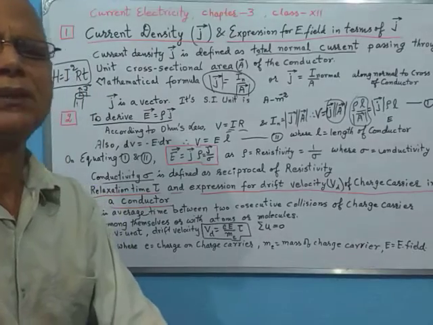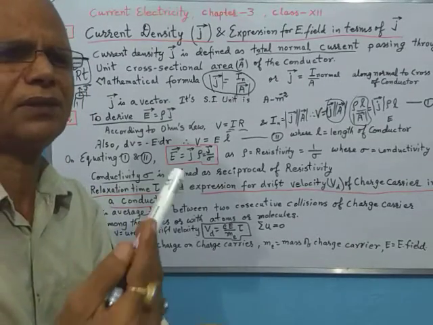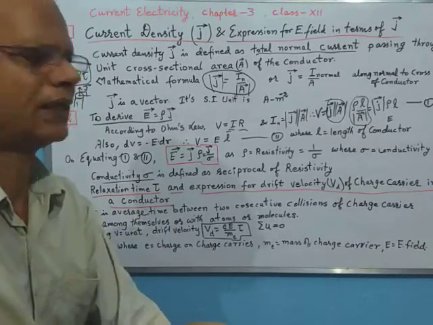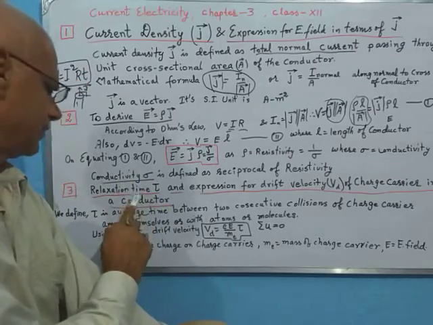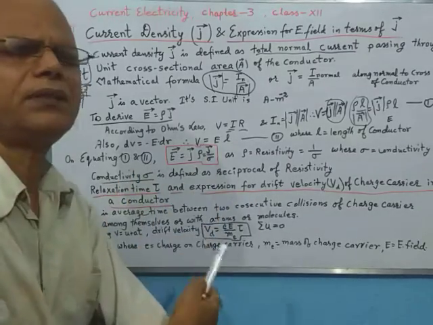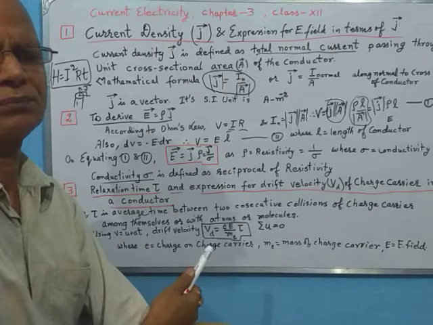So collision is inevitable whenever charge carriers are moving through the conductor, and we take the average time between two consecutive collisions.